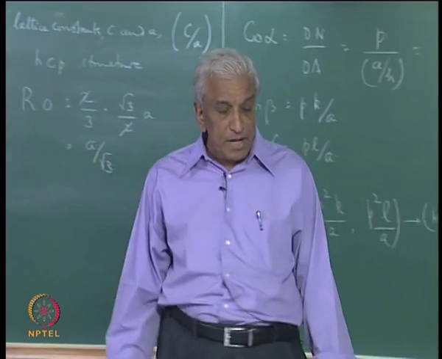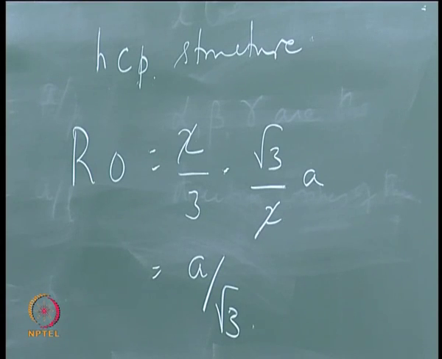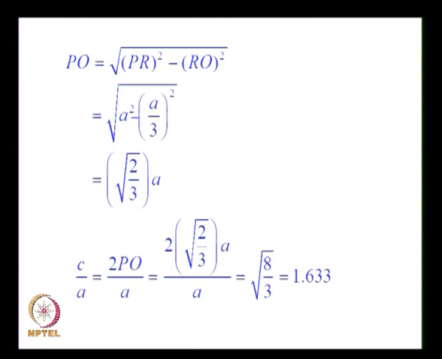So, that is the perpendicular distance RO, and we are required to find the distance PO, which in the right angle triangle has one side A, another is what we found just now as A by root 3.